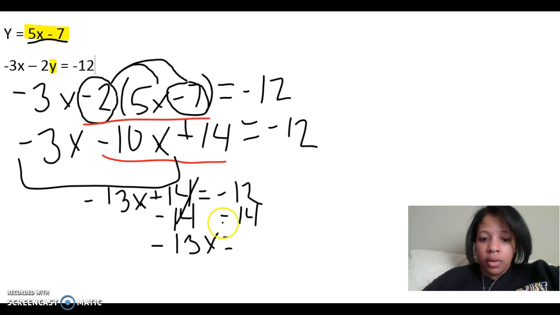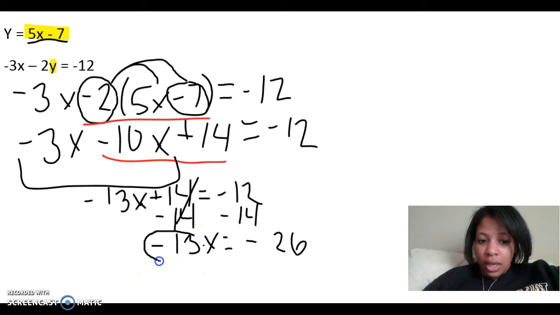So negative 12 minus 14 is going to be negative because I'm starting at a negative and I'm going further in a negative. So it's still negative, and then it would be 26. So negative 26. Last thing I need to get rid of, again, remember this is multiplication here because they're right next to each other, is this negative 13.